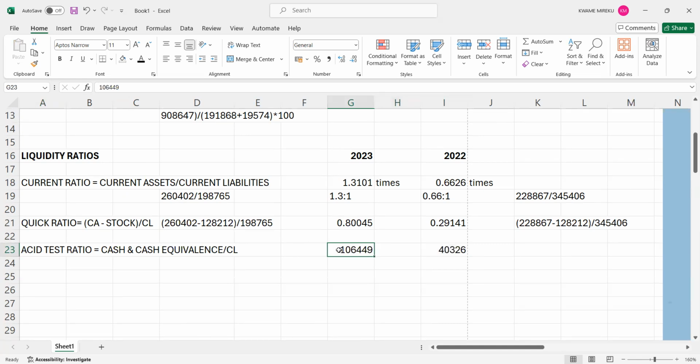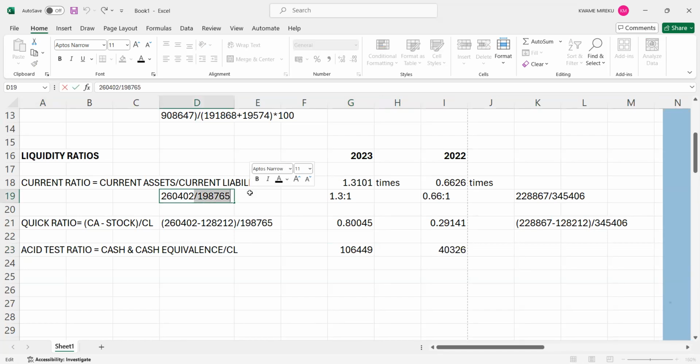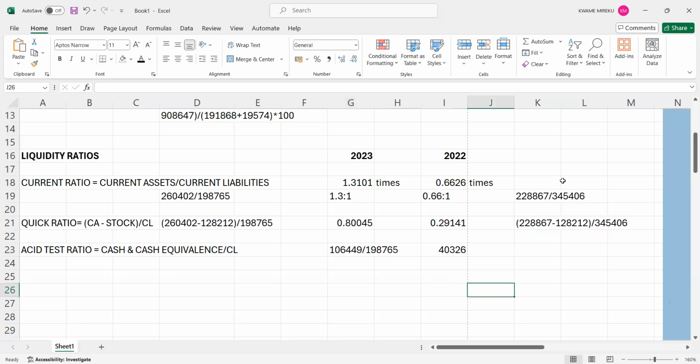So is this divided by the liability? This is cash and cash equivalents, divided by the current liability.